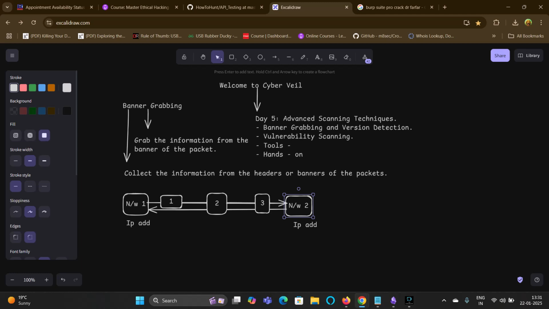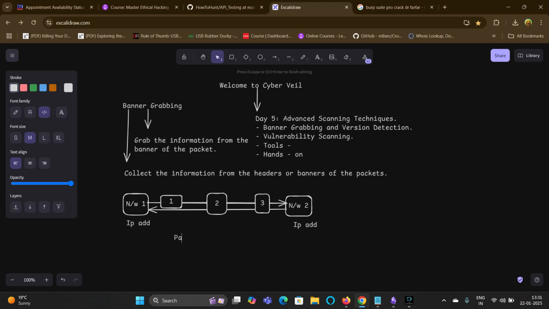That means we know where to send this data through the packet headers. Packet headers consist of basic information about that particular packet, and about the network it needs to be sent to. This is what packet headers are.